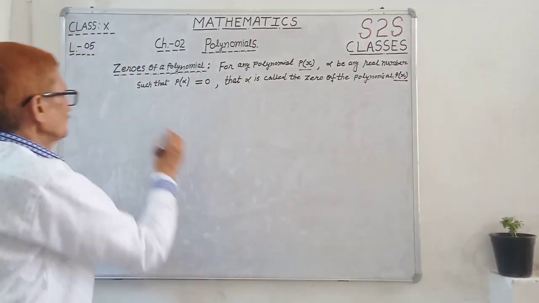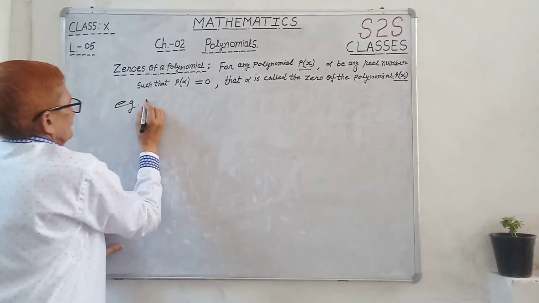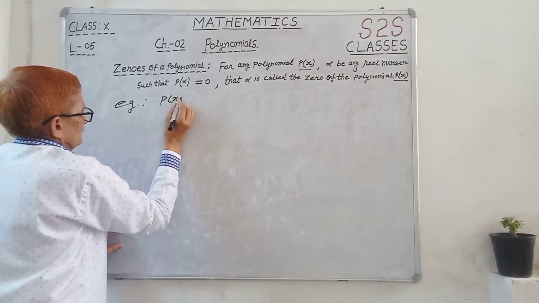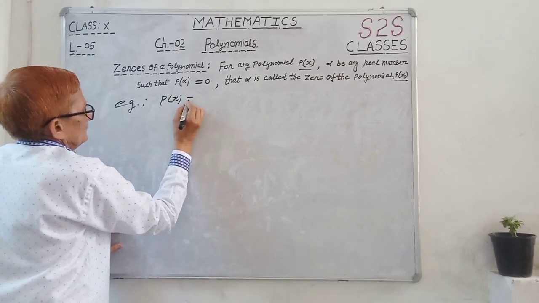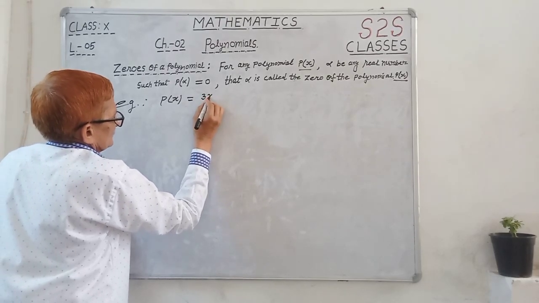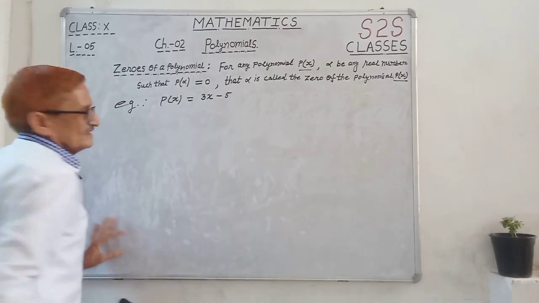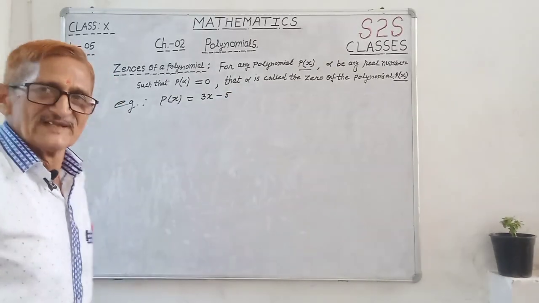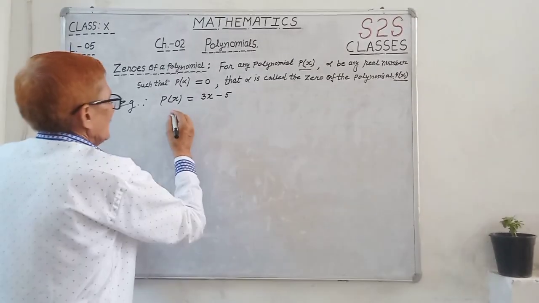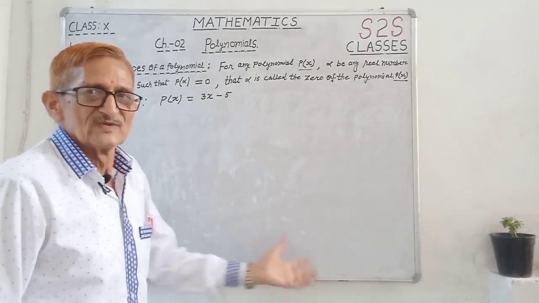Okay, let us suppose an example, if p(x) is equal to 3x minus 5. This is a linear polynomial, 3x minus 5. Now, we are asking for the value of alpha on which the polynomial becomes 0.